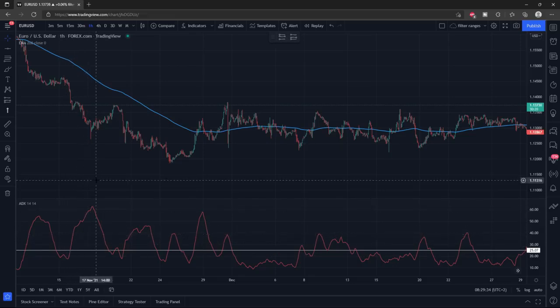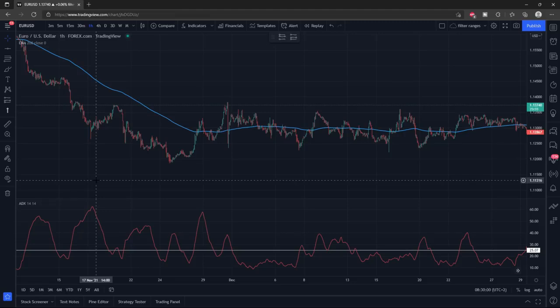So if you want a more objective and exact approach to filtering out ranges, then something like the ADX is more for you. And if you want something a little more artistic and less objective, or more subjective, then I would recommend going with the 200 period exponential moving average approach, using the slope and the price's distance from the EMA to your advantage.